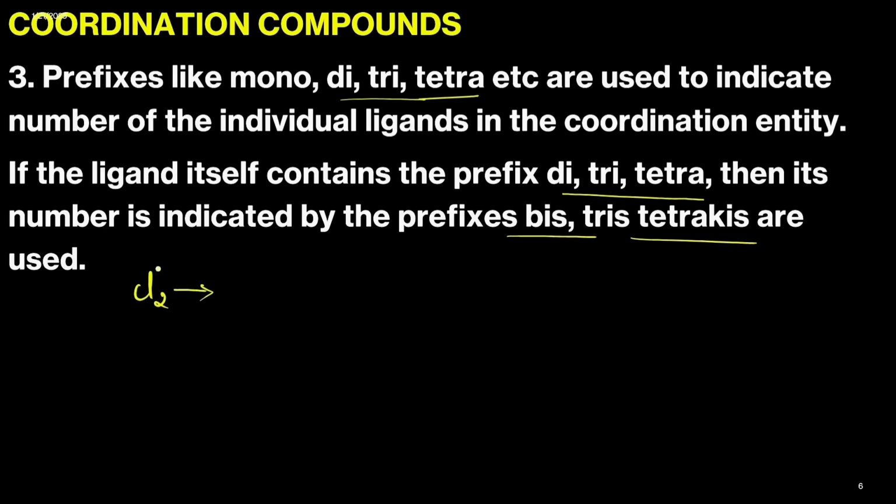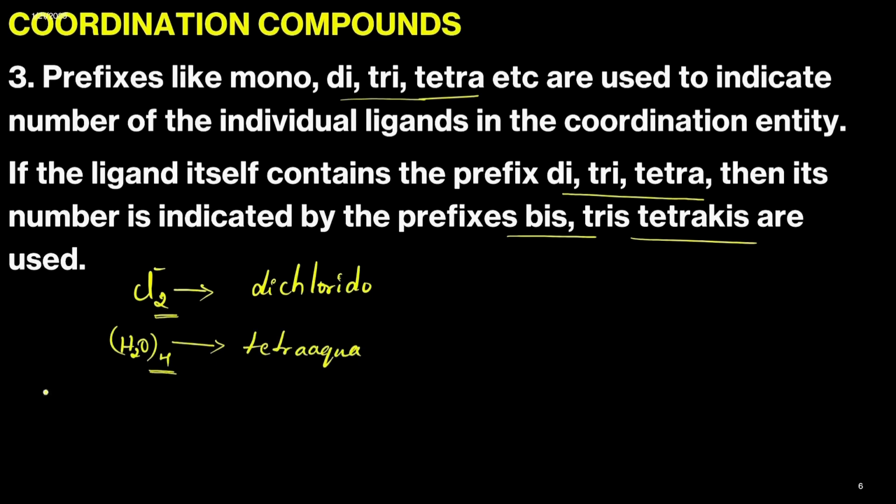We know that this is an anionic ligand, so the name should end with O. Here, 2 Cl minus are present, therefore it is named as dichlorido. If there is 4 H2O, we know that H2O is a neutral ligand which is named as aqua. Here, 4 H2O ligands are there, therefore it is named as tetraaqua.